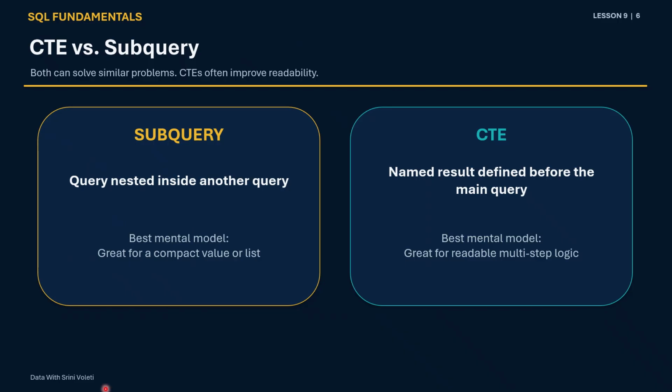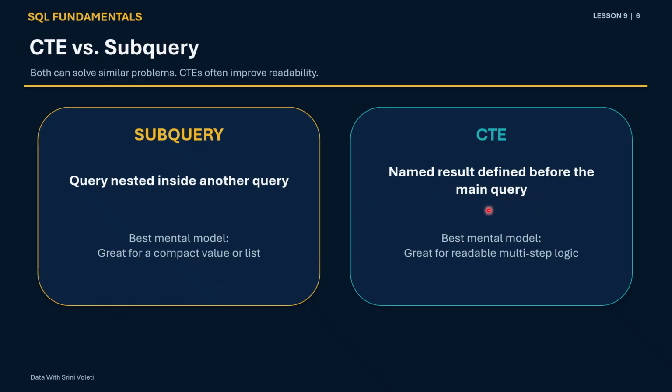Because we just completed subqueries in lesson 7, this comparison is important. A subquery and a CTE can sometimes solve the same business problem. So, which one should you use? Start with the structure. A subquery is nested inside another query. A CTE is defined first, given a name, and then referenced by the statement that follows.